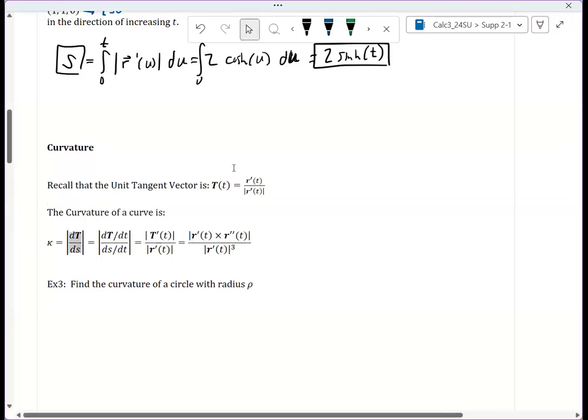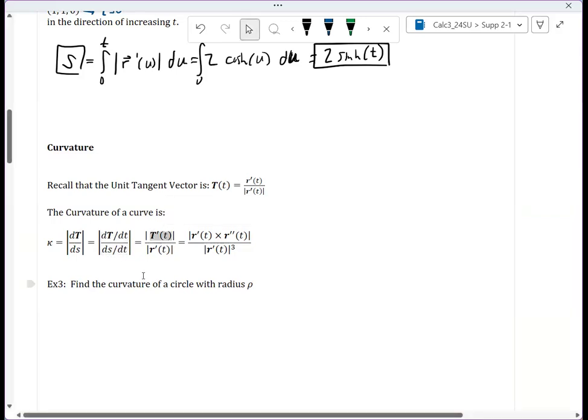But a couple of things here. One, we're not just using r prime, we're using T, the unit tangent vector. So we want to use a unit vector for this. And we're differentiating with respect to s, with respect to the arc length. So dT/ds, we could write this in terms of a common parameter, little t, as dT/dt over ds/dt.